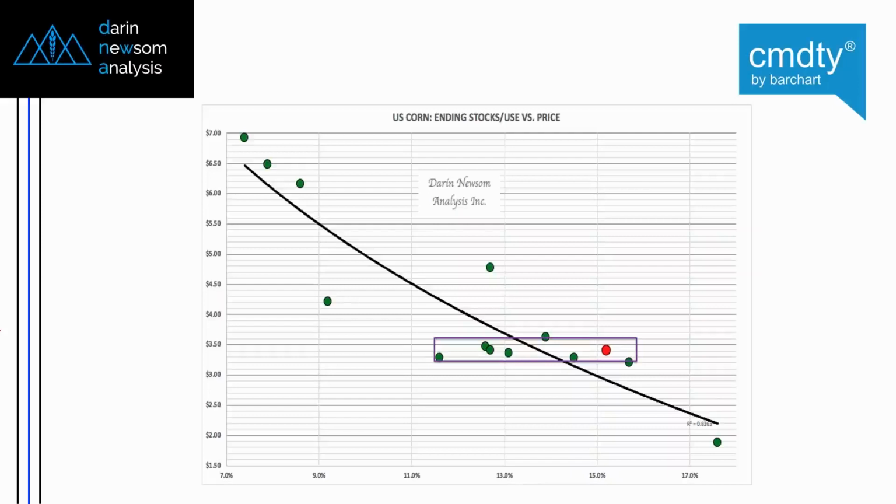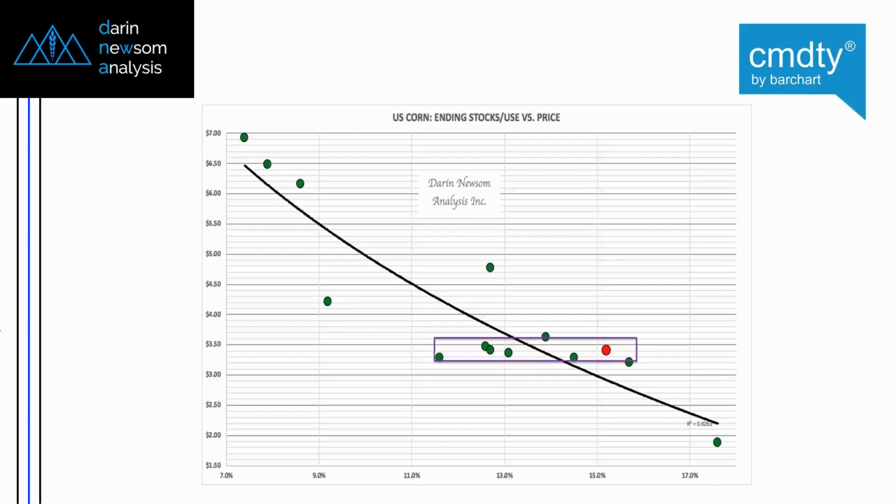What I'm looking at here is the daily average for the NCPI over the course of the 2018-19 marketing year, and what it tells me about ending stocks to use based on a historic correlation between cash price and ending stocks to use.